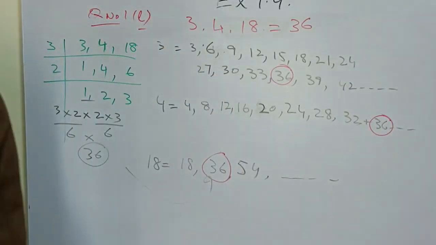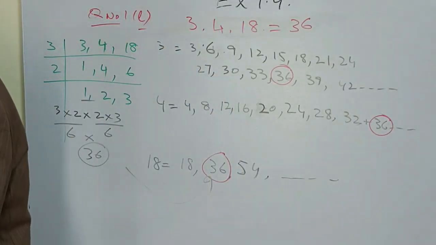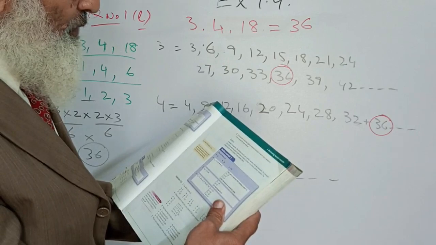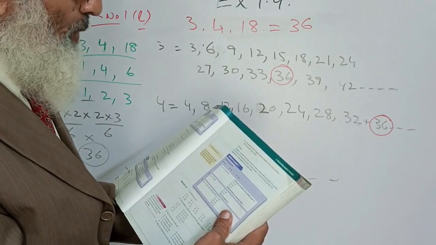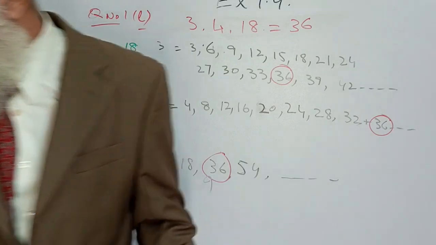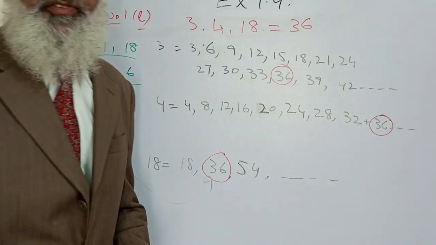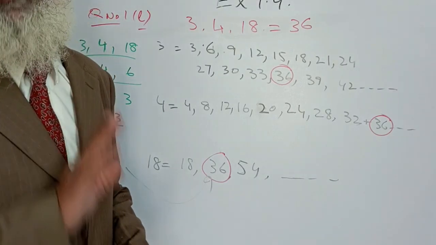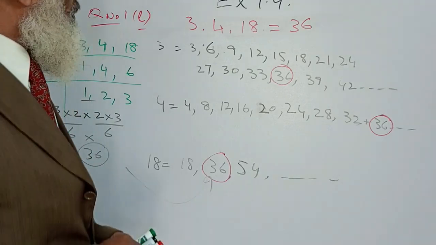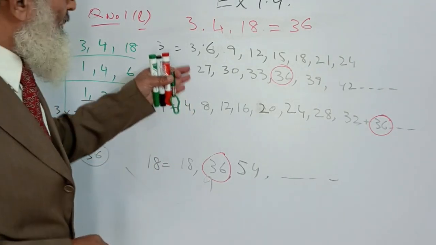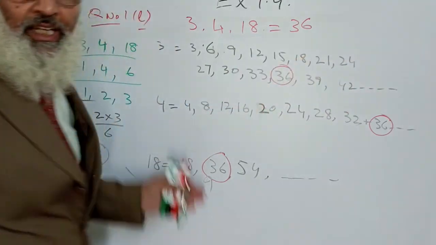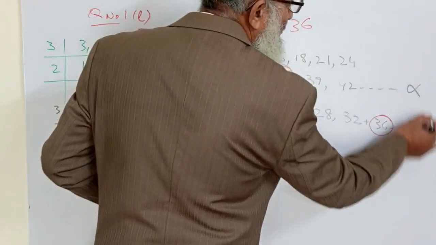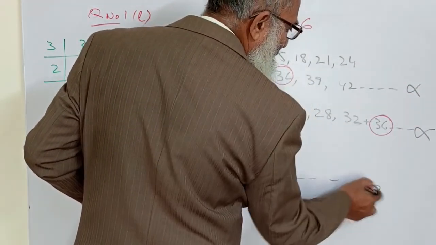Okay students, this is the end of question number 1, and there is one oral question also, and I read it for you. Is it possible to find the highest common multiple of two or more numbers? Give reason to your answer. No, we cannot find the highest common multiple, because if we keep on finding the multiples, they will go till infinity.